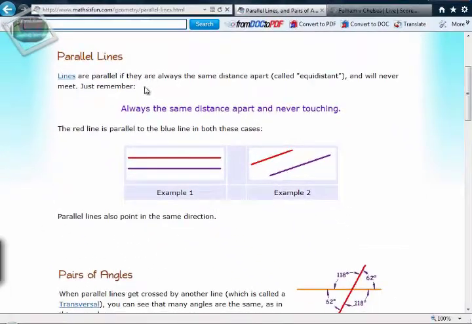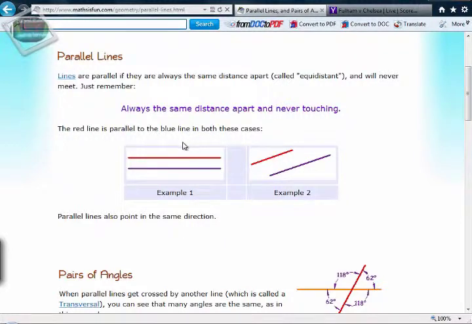www.mathsisfun.com/geometry/parallel-lines.html. And this site is actually very explanatory. It did a very good job in trying to explain what parallel lines are. Lines are parallel if they are always the same distance apart, called equidistant, and will never meet.